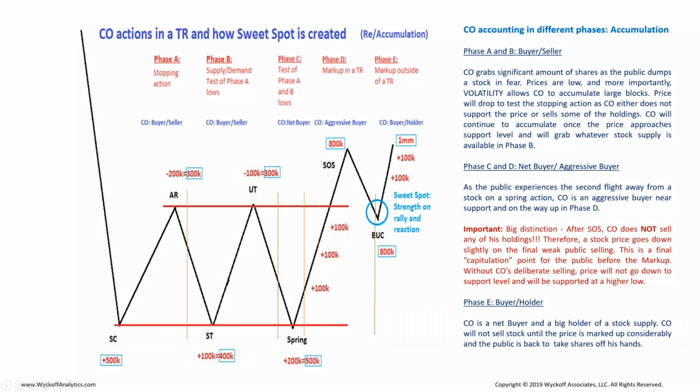So let's go through this. This is a schematic that I've created for you guys with hypothetical behavioral patterns that I'm showing here through buying and selling of the shares by big institutions. So let's go through this.